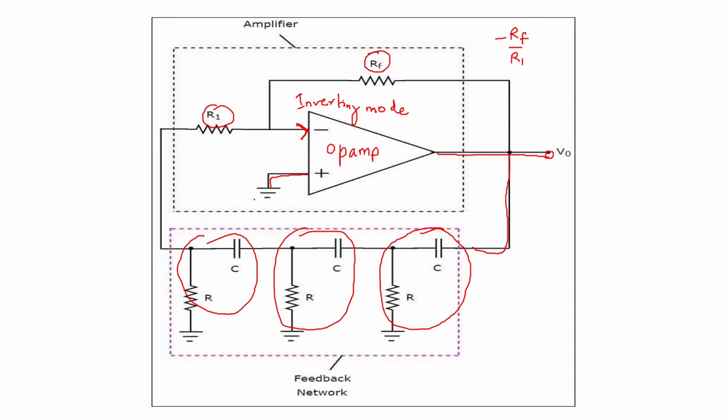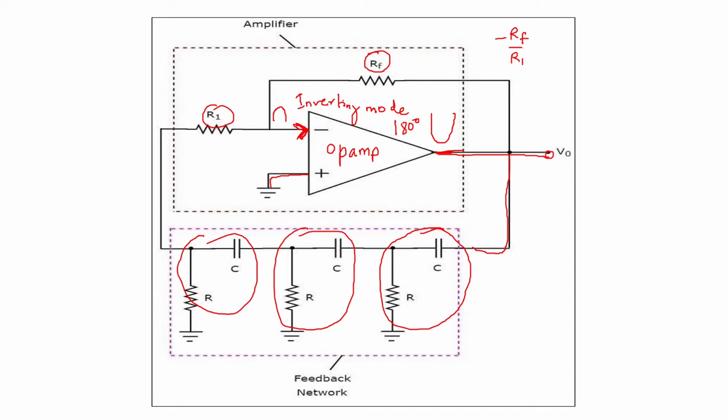Now here are the two conditions of the Barkhausen criteria so that the circuit can oscillate. It will give you a repetitive waveform. In that, the first condition was the closed loop phase shift should be 0 degree, that is 360 degree. And therefore we see here the op-amp, whatever we are using, the input is given here at the inverting terminal, and the output you are going to get here. So if the input is say like this, the output will be like this. So there will be a phase difference of 180 degree. Now this 180 degree is there.